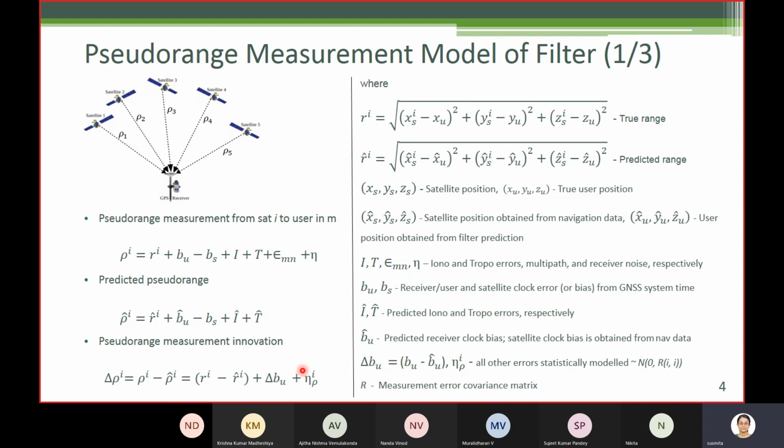So all these are clubbed in this measurement error term. This is the measurement error, and it is modeled statistically. So generally we assume Gaussian distribution of mean 0, and let's say the covariance is R.